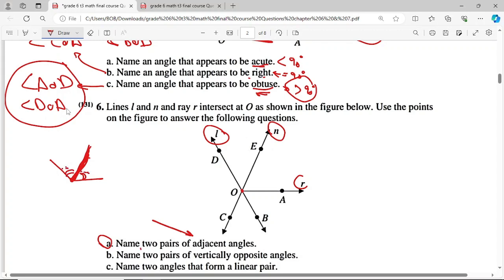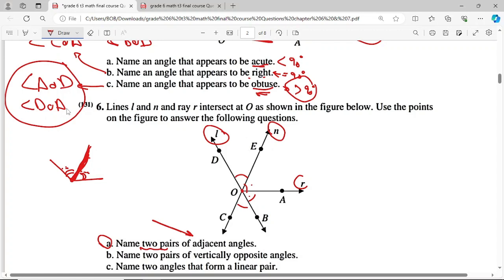So let's have two pairs. For example, I have this angle and this angle. They are adjacent. This angle and this angle are adjacent also. Or this angle and this angle. So they all are adjacent.